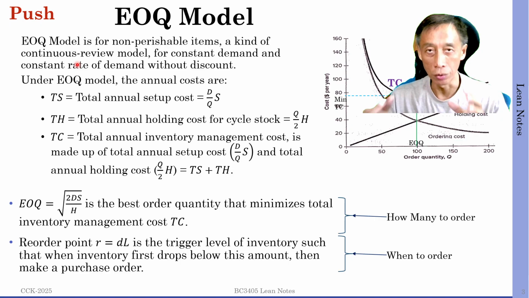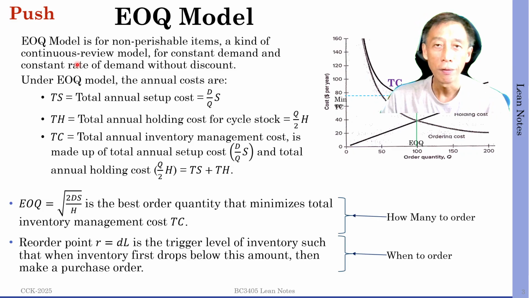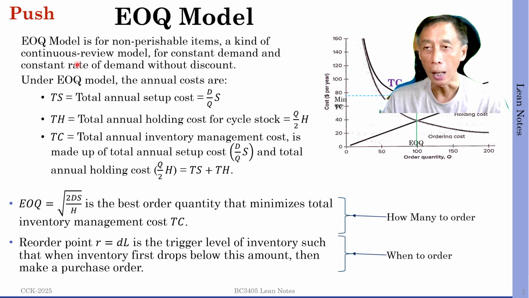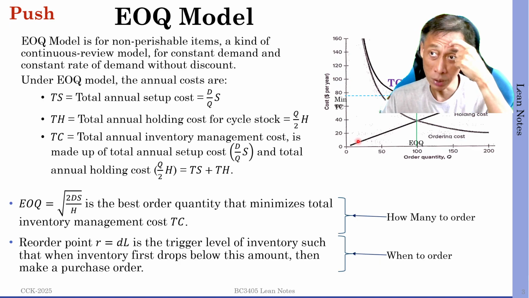The traditional way of thinking about inventory management is that we have fluctuations in demand, sometimes high, sometimes low. Review here just means becoming aware of the inventory level, at what inventory level position we are at any point in time.